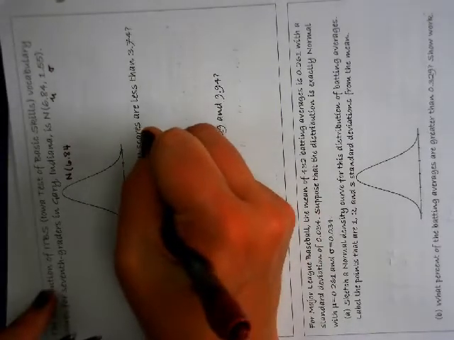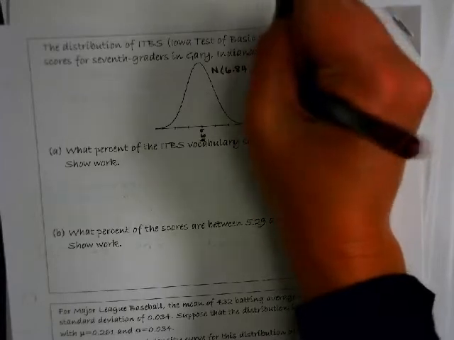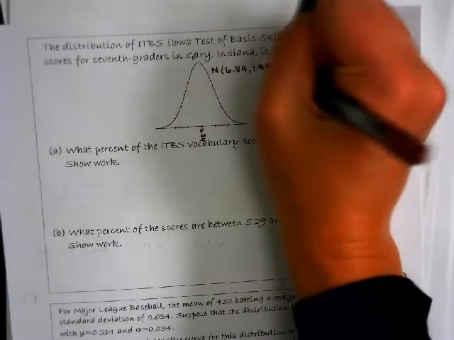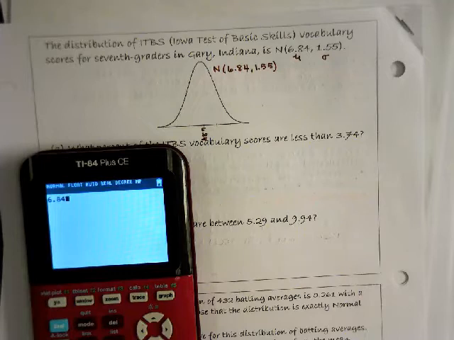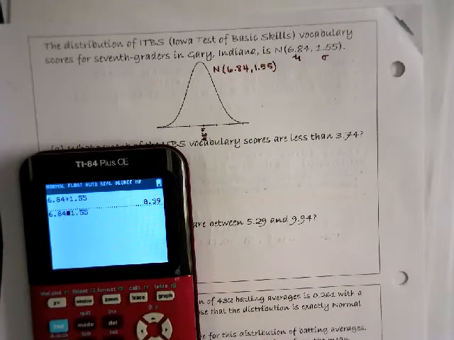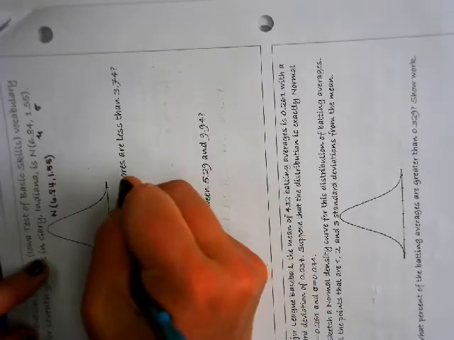Standard deviation is 1.55. So I'm going to add 1.55 to 6.84. And I'm also going to subtract 1.55. So when I add a standard deviation, I'm at 8.39, and when I subtract, it's 5.29. Then I'm going to add another standard deviation and subtract another one so that I get two standard deviations above and below.